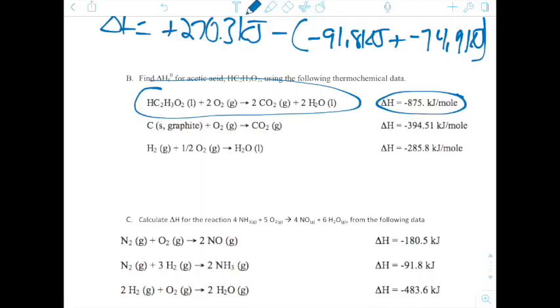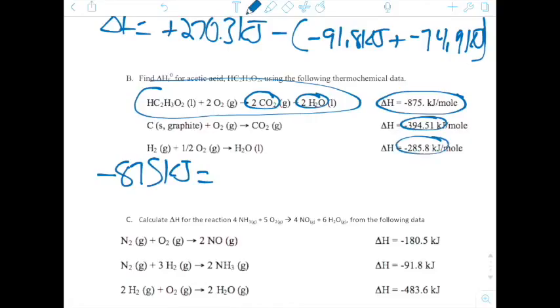And so if our delta H equals products minus reactants, that means our entire delta H for this equation is negative 875 kilojoules, equals our products, which in this case are carbon dioxide and water. Since we have 2 moles of carbon dioxide and 2 moles of water, we will multiply these numbers by 2.